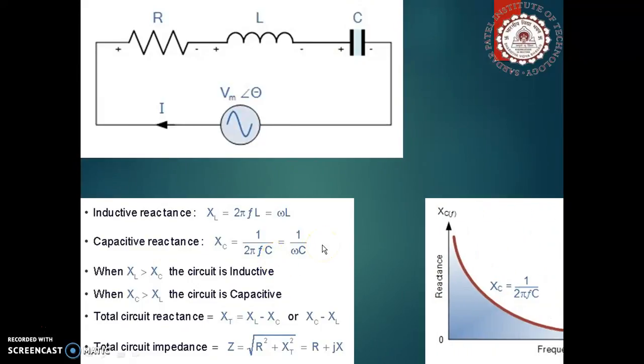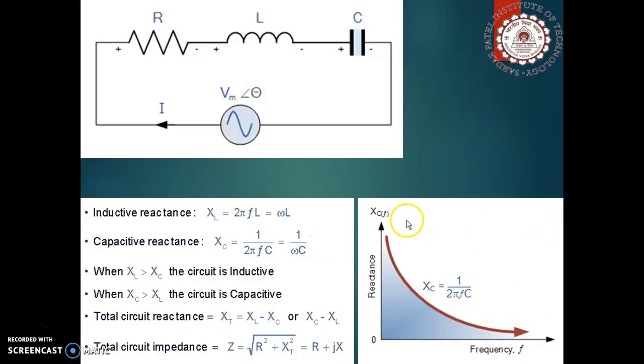Now for capacitive reactance, XC is equal to 1 upon 2 pi FC, which is an inversely proportional relationship. So as frequency tends to infinity, the reactance becomes 0, and at a DC value of supply voltage, the reactance is approximately infinite.